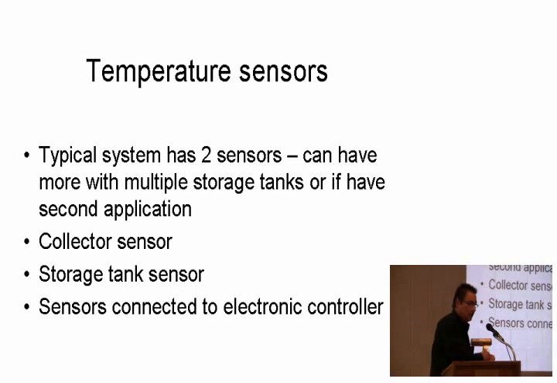The electronic controller is usually pre-programmed at the factory, and will turn the system on and shut the system off based on a temperature differential, when there is or there isn't energy to be gained.